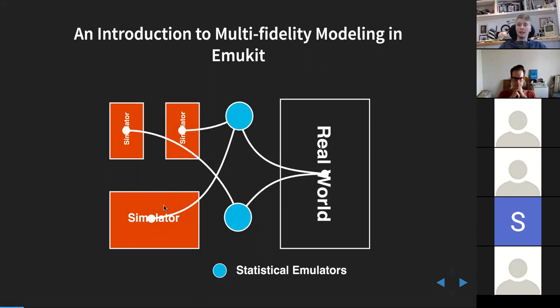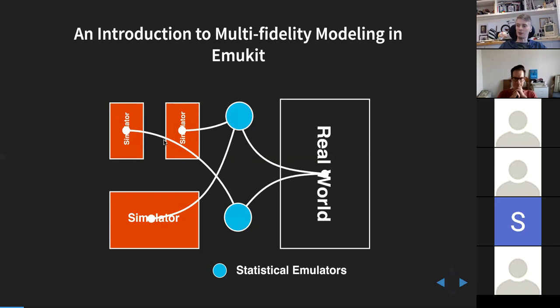The idea in multi-fidelity modeling is that you're going to use these little links, these spider legs coming out of the statistical emulators, to relate different data sets. So you're getting this one here, in reinforcement learning parlance, people would call this sim to real. But whereas that's been a thing in reinforcement learning for like 6 years or something, it's been a thing in uncertainty quantification for a lot longer.